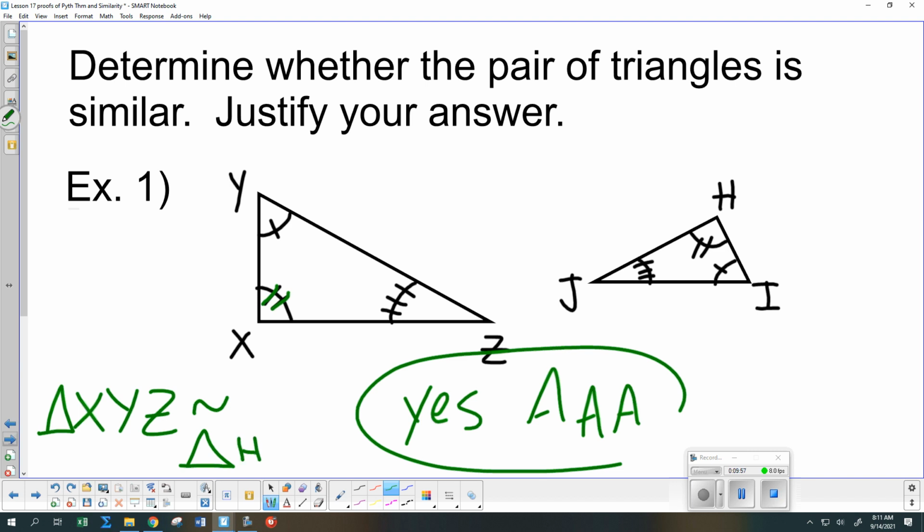H. Y has one tick mark. What has one tick mark in the other one? I. And that leaves J. So if the book already has, is triangle XYZ similar to triangle HIJ, you don't have to write that. If the book just says determine if they're similar or not, you do have to write which way it matches up. Does that make sense?